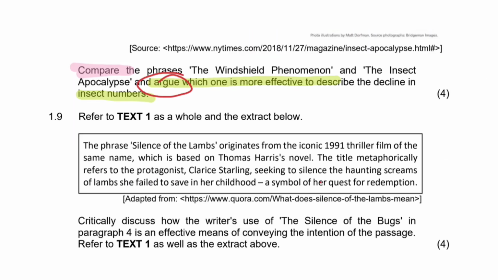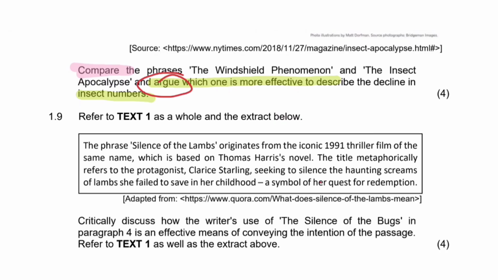If you argue that the insect apocalypse is more effective, bring out how the word apocalypse draws strong emotions from the reader. Apocalypse is an end of times. And when you call this the insect apocalypse, you're suggesting that this is something that needs immediate attention. You are highlighting the sense of urgency in attending to the decline in insect numbers.